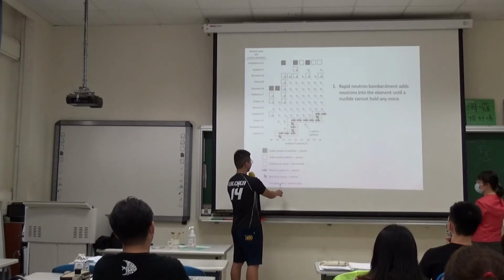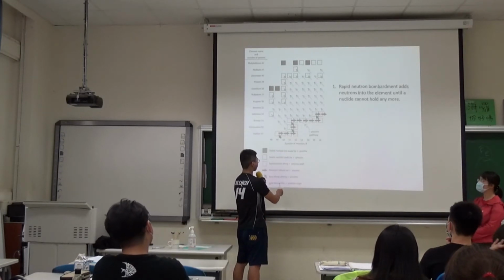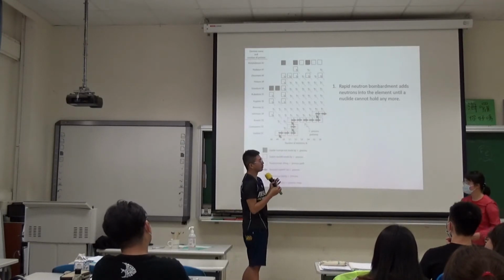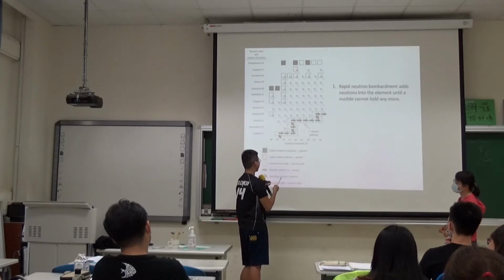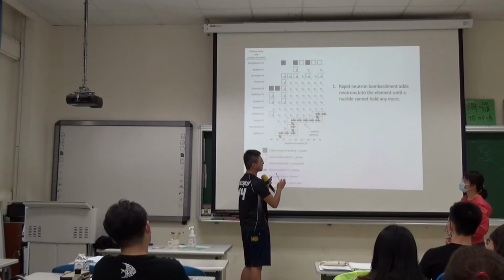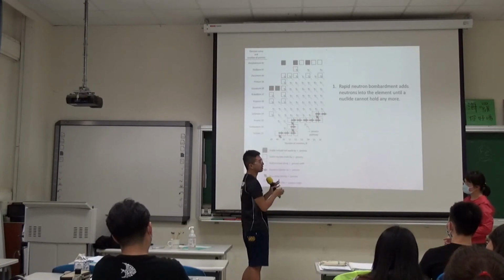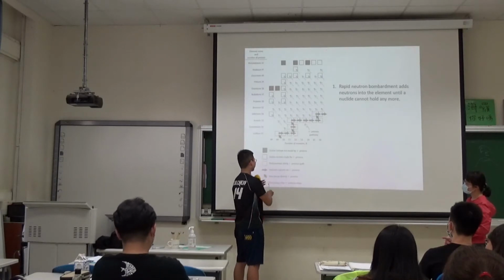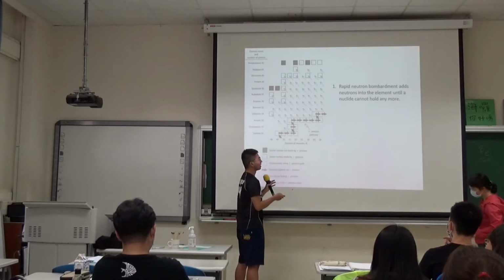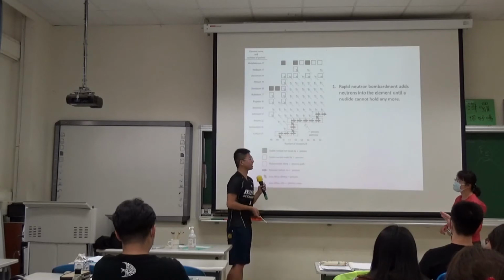So it eats a lot of neutrons and becomes unstable. But after that is not the time for the rapid process, so the unstable elements will start to decay, because they are very unstable.